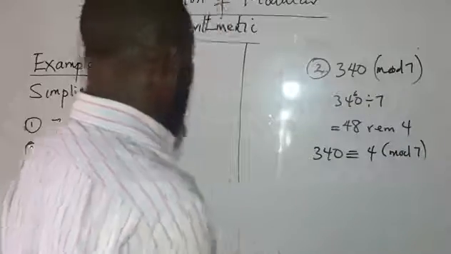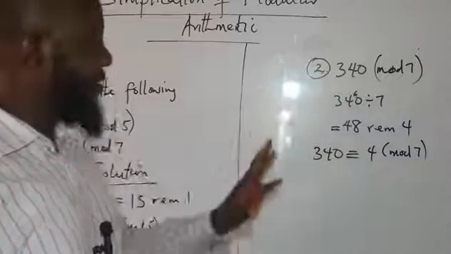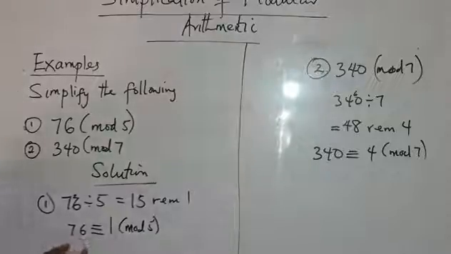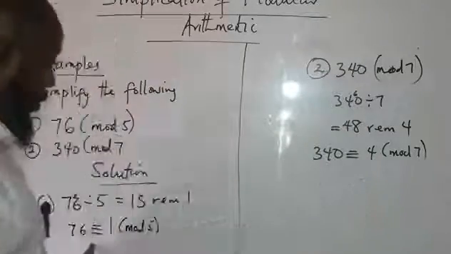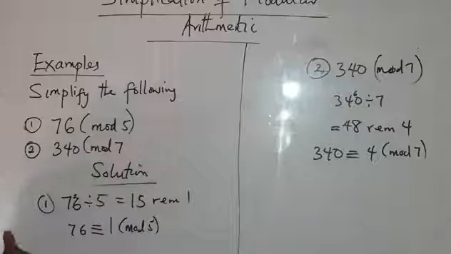You notice that we are having one digit. So that is simple. We have simplified to the extent that we are not having 2 digits or 3 digits, just only one integer. Hope this is very clear. So next we move to equivalent modular. That's what we're going to look at in the next aspect of this video. Thank you.